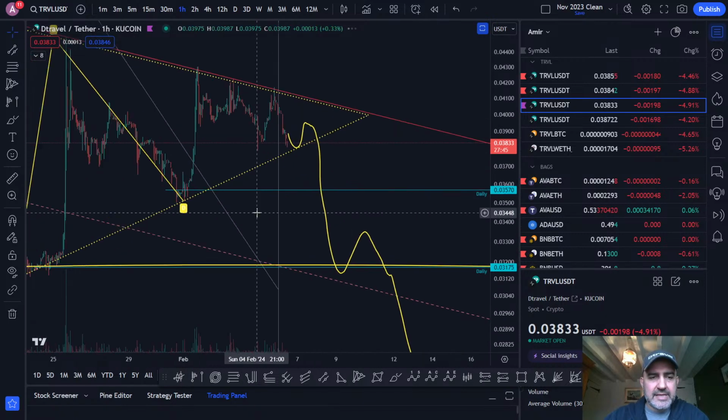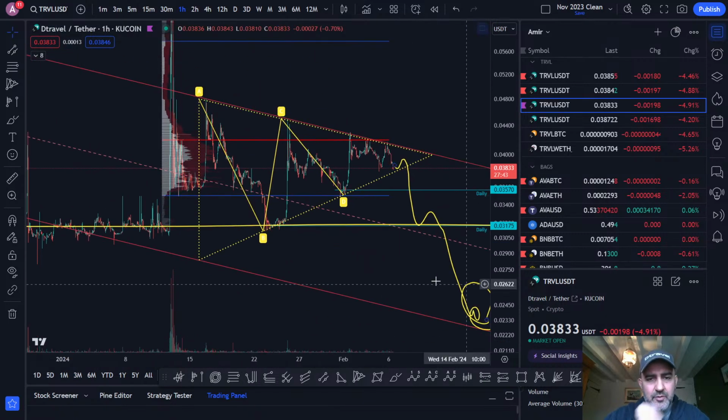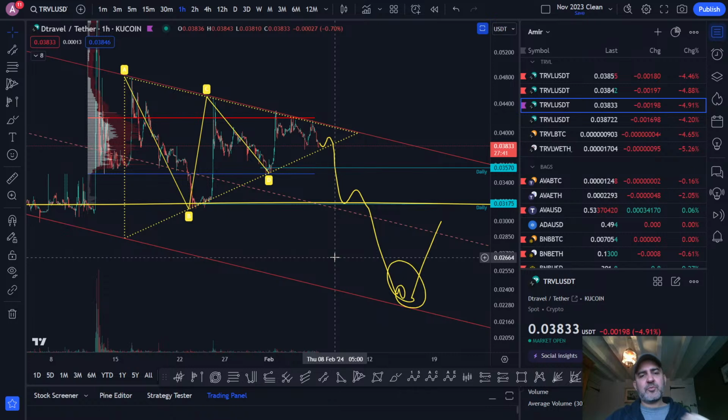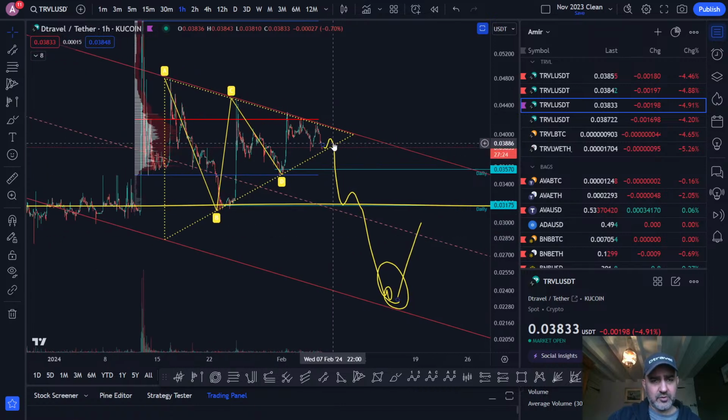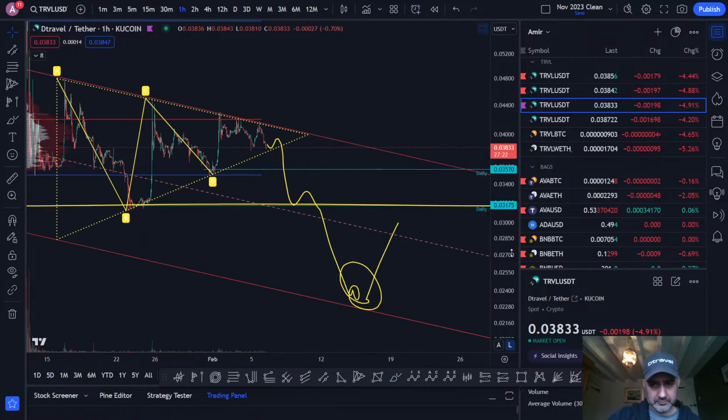I think it's going to depend on how aggressive people are with their selling. I do think with ADA, the more I think about it, there was definitely a long squeeze which pulled the price down much more than it necessarily could have or should have. And I don't think we're going to experience that if this is what it's going to look like.